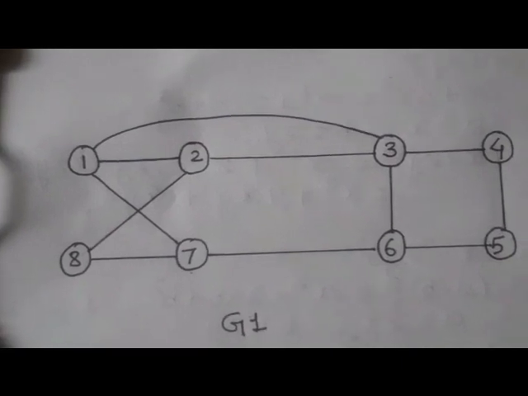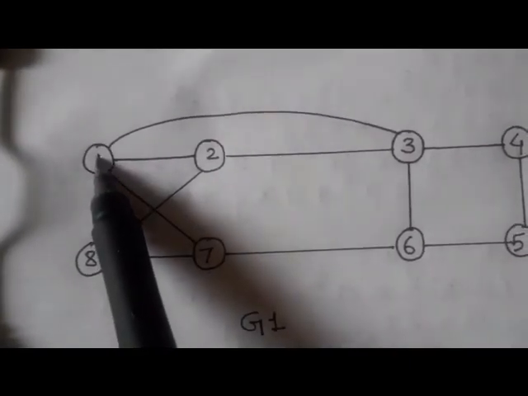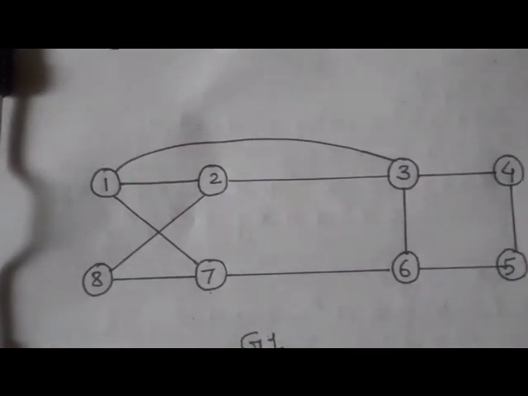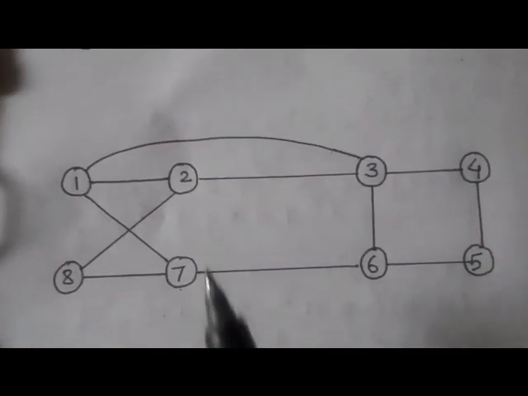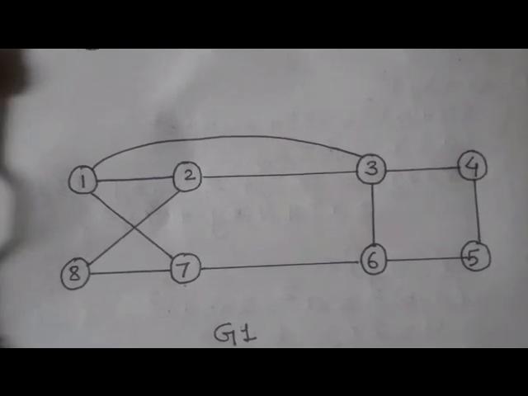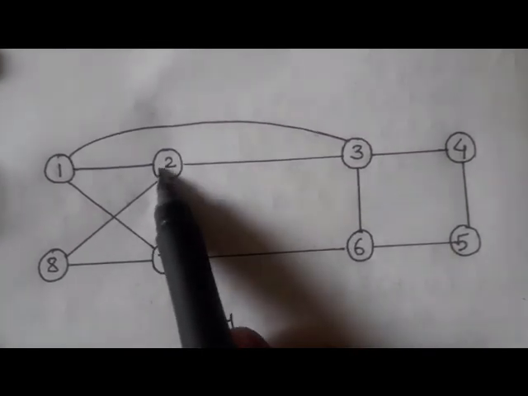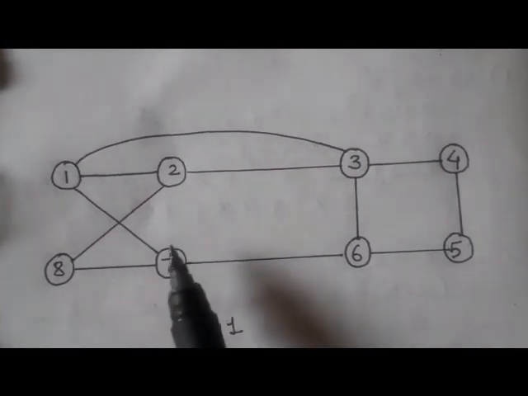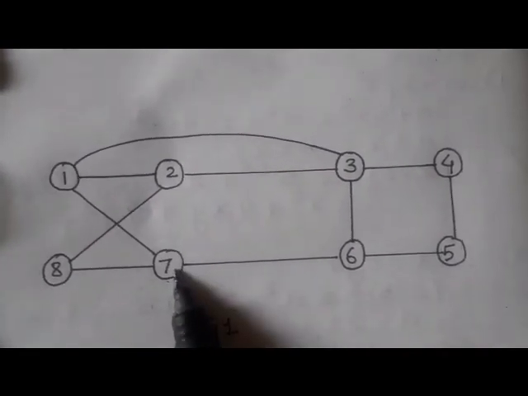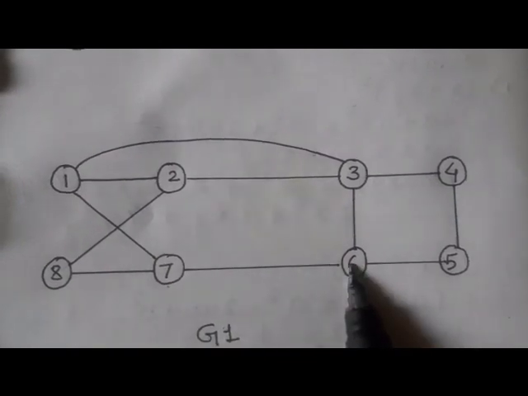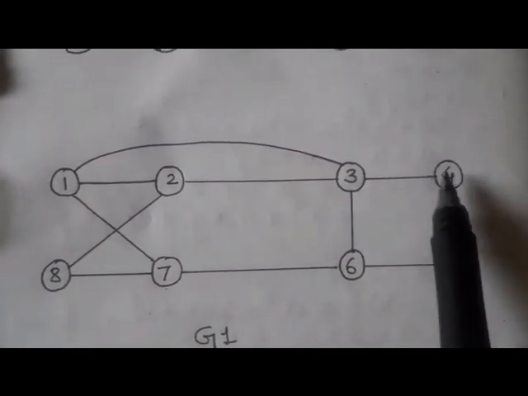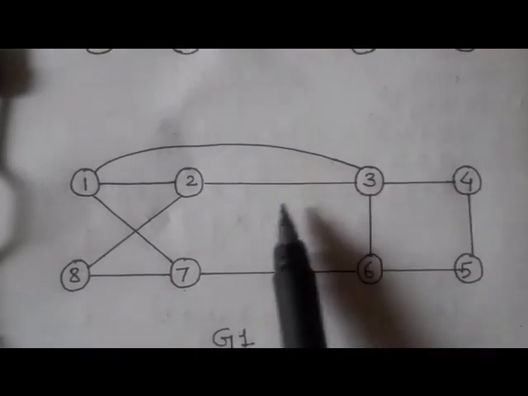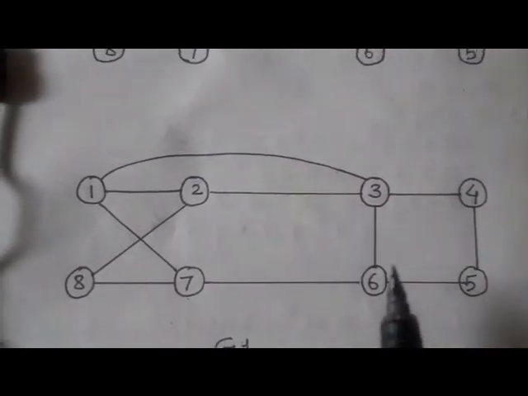So in this graph, we first visit vertex 1, then vertex 2 because it is not visited earlier and there is an edge between them. Then from vertex 2, we visit vertex 8, then 7, 6, 5, 4, 3, and all the vertices are visited only once.